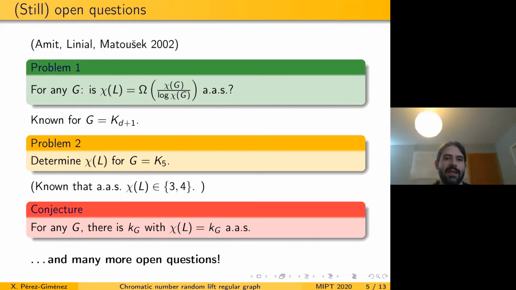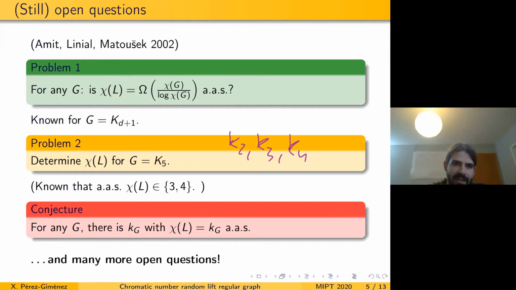So in this paper, we try to determine this for G being the complete graph, or in some cases for irregular graphs. If you take G to be the complete graph, it's very easy to see what the chromatic number is for a random lift of K3 and K4.